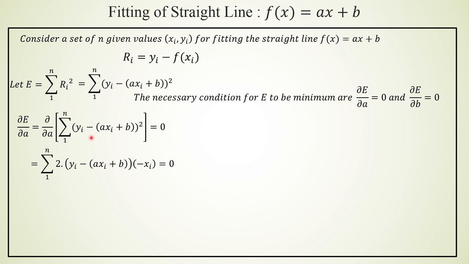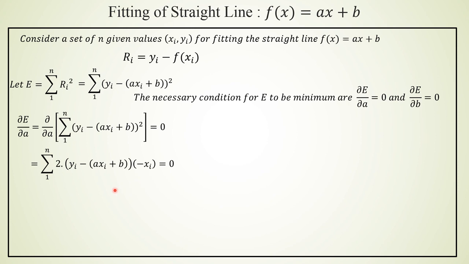So the partial derivative of (yi minus (axi plus b)) whole square is 2 into (yi minus (axi plus b)) into, just make a note of it, here we have to differentiate with respect to the variable a, therefore it is minus xi.